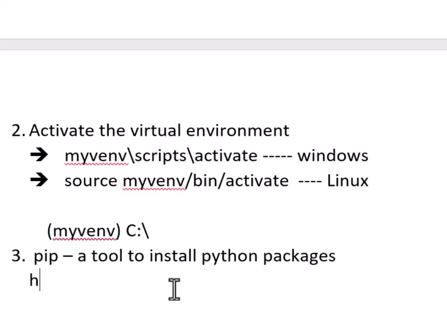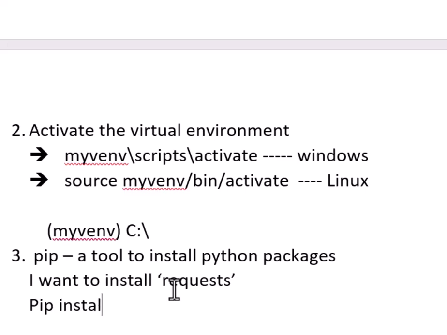Say I want to install requests because I want to make HTTP requests. I'll say pip install requests. What I highlighted is what I want to install. Everything pertaining to this requests library will be stored inside this virtual environment.